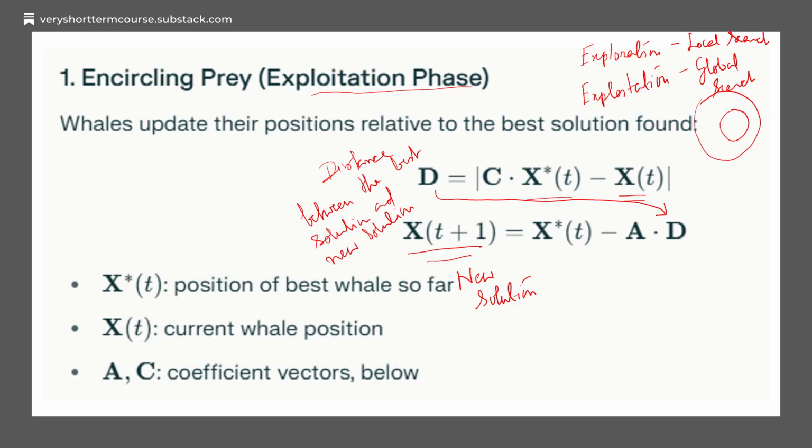And there also the optimal value of x, or position of the best whale, or the value of x for which the maximum value of y has been achieved, will be there, minus a new coefficient A dot D. So this D and this D are the same. This X and this X are the same.